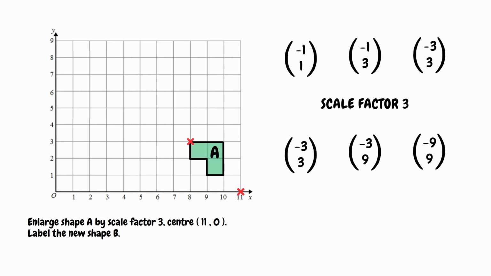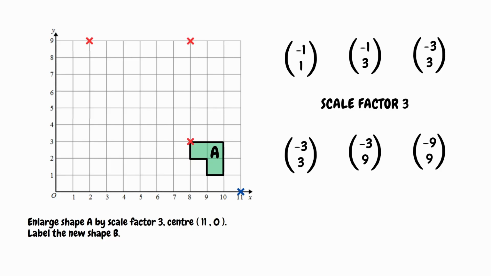So that's -3, that means that's 3 to the left. And then the +9 means we're moving up by 9. And then for this final vector, again starting from the center point, we have the vector (-9, 9), which means we're moving 9 to the left and then 9 up. So I've got 3 points so far.